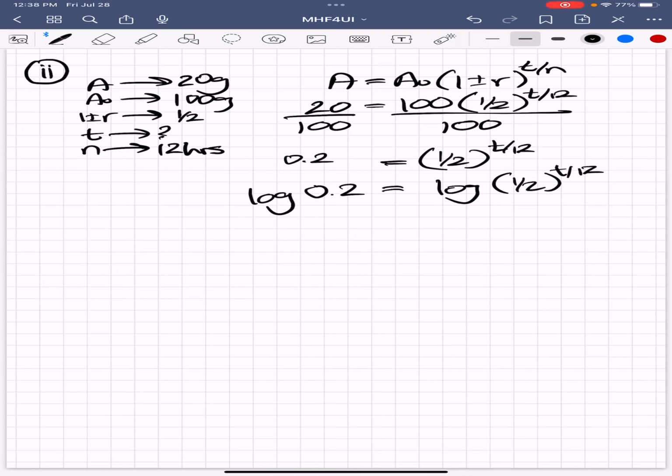And then we're going to use the power law of logs. So it's going to bring this exponent down to here.